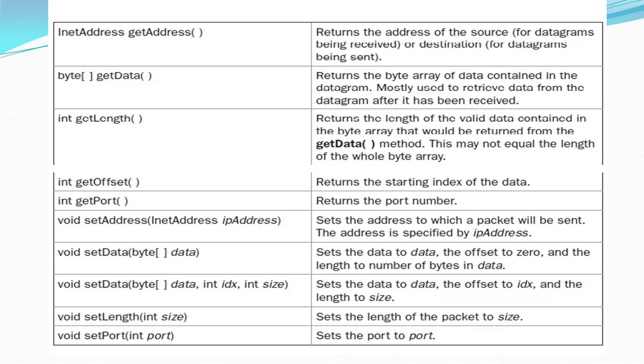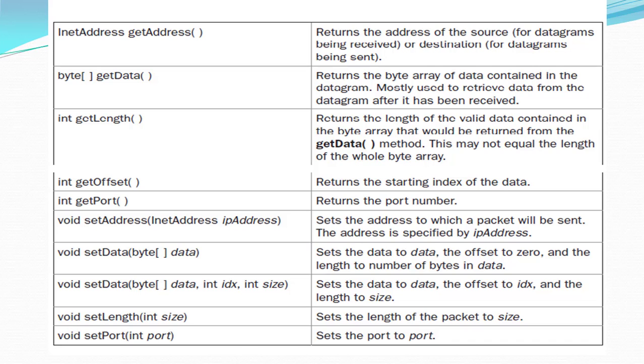This may not equal the length of the whole byte array. int getOffset returns the starting index of the data. Next method, int getPort returns the port number. void setAddress(InetAddress ipAddress) sets the address to which a packet will be sent.